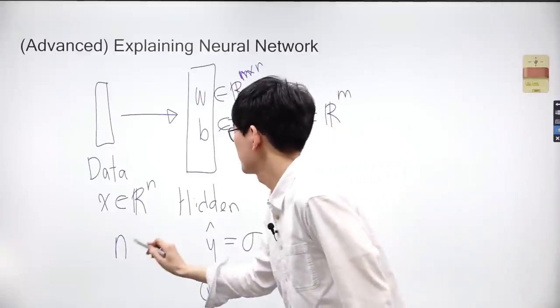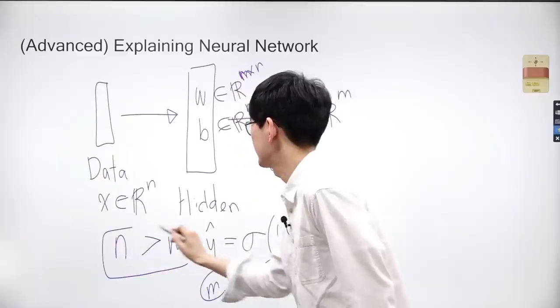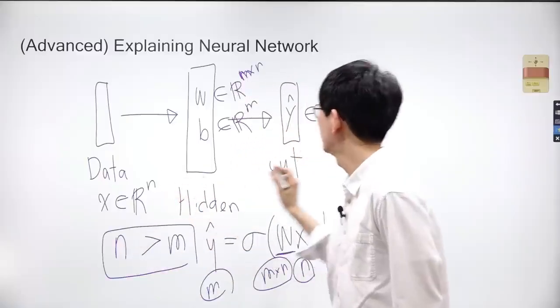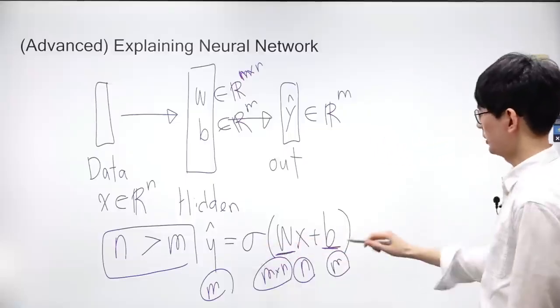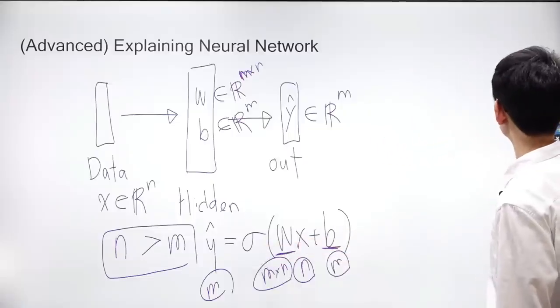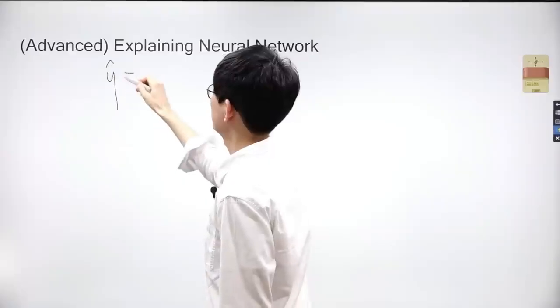Suppose the data X is an image, and the output Y hat is a list of labels of the image. In this case, n is much larger than m. Let's revisit the equation from the previous slide.